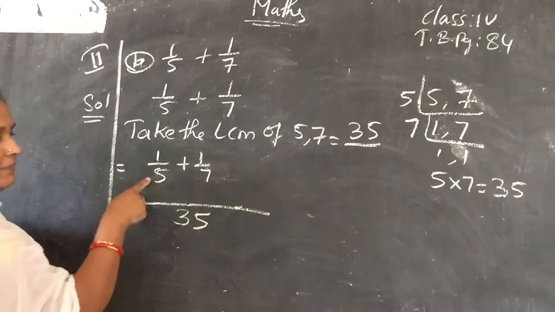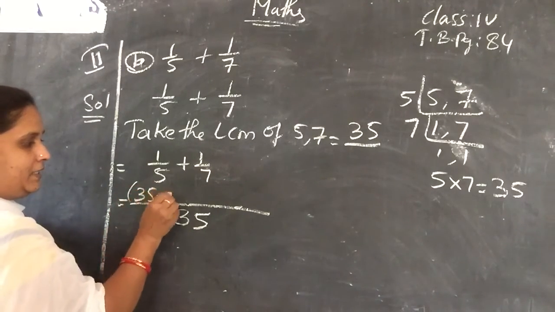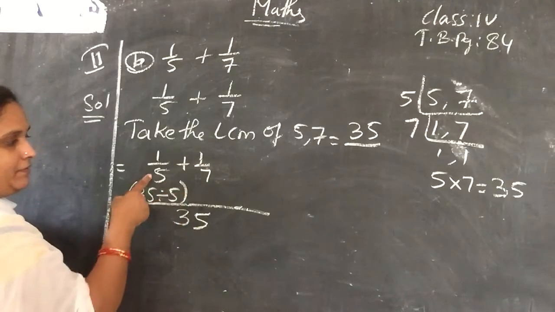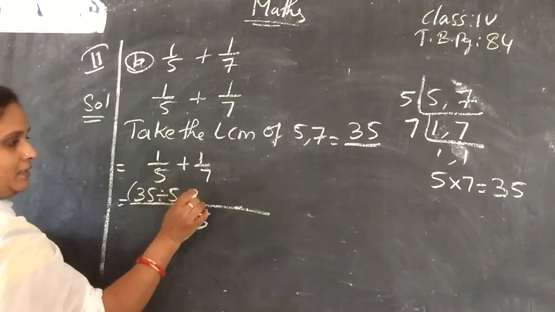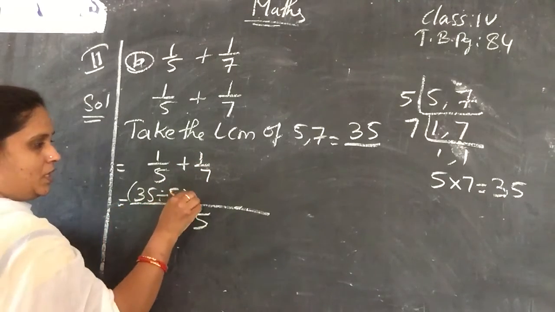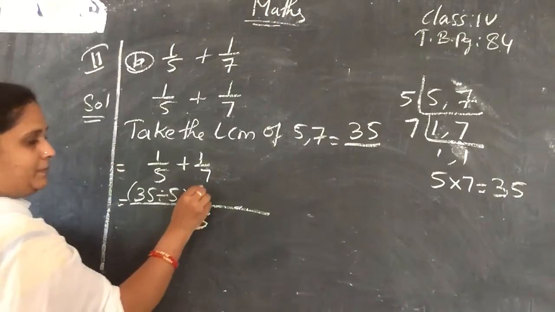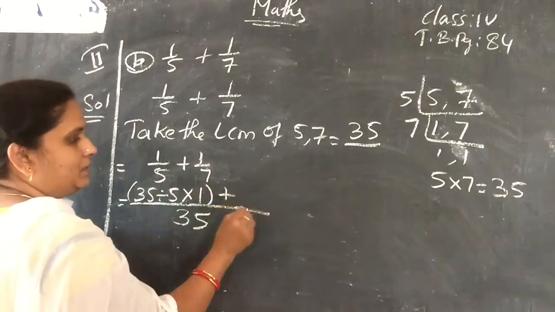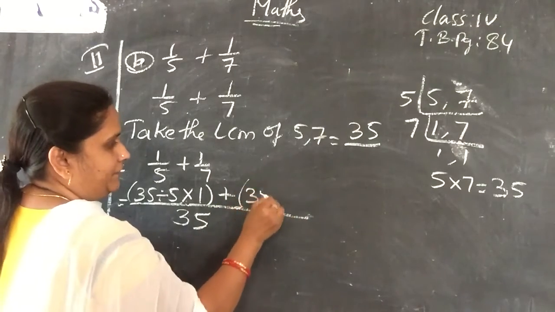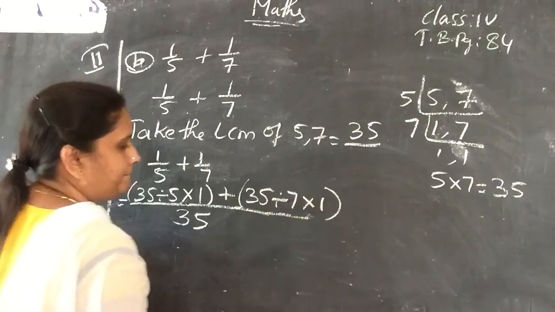Now 35 in the 5 table, how many times will it divide? 35 divided by 5. 35 is the denominator and 5 is the denominator, and after dividing, with the quotient you have to multiply the numerator. Plus, again, 35 divided by 7 into 1.